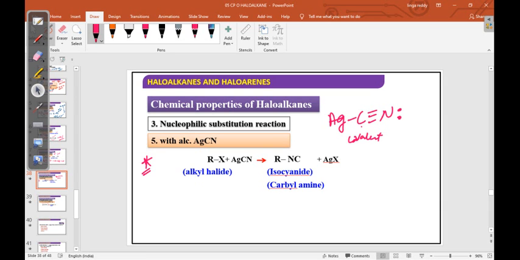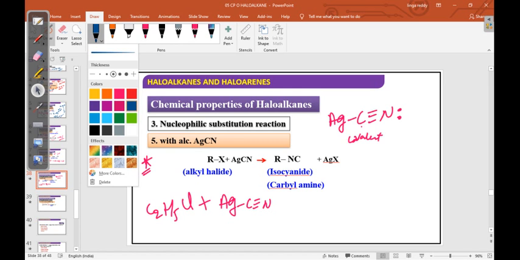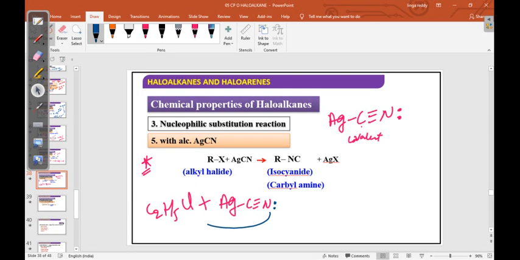If you take ethyl chloride plus AgCN, this nitrogen attacks the ethyl carbon. So C2H5NC, an isocyanide, is formed in the case of AgCN. The reason is that carbon is already taken up. Nitrogen acts as the nucleophile, that's why NC, isocyanide, is forming.